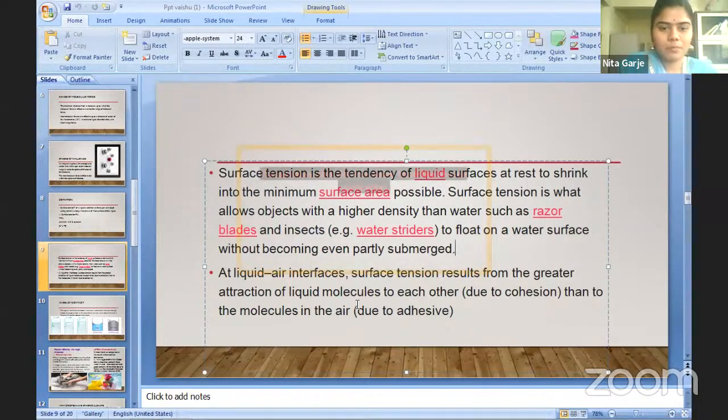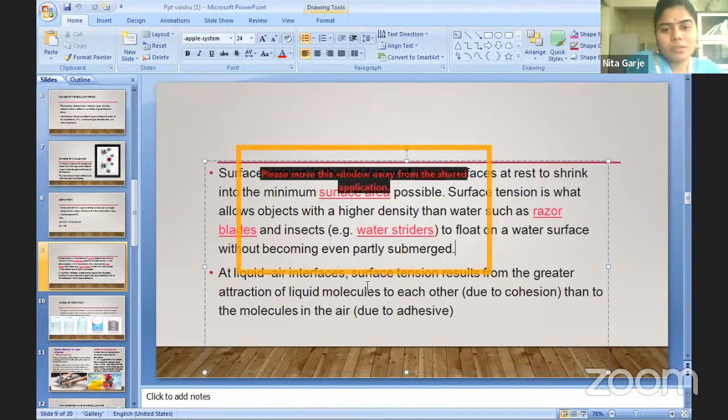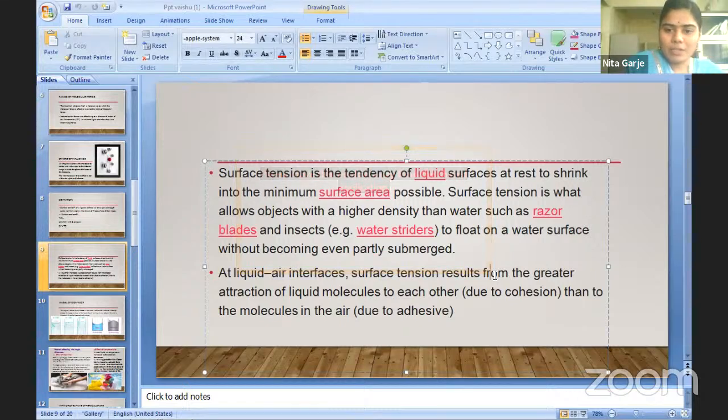At the interface of the liquid and air, surface tension results from the greater attraction of the liquid molecules to each other, due to the cohesive nature, than to the molecules in air, due to the adhesive nature.